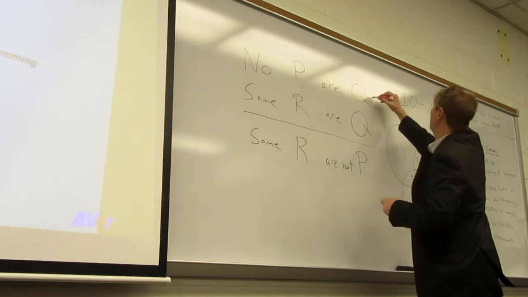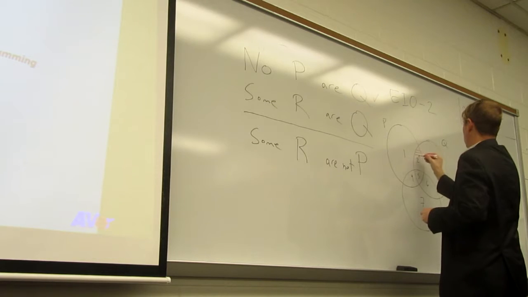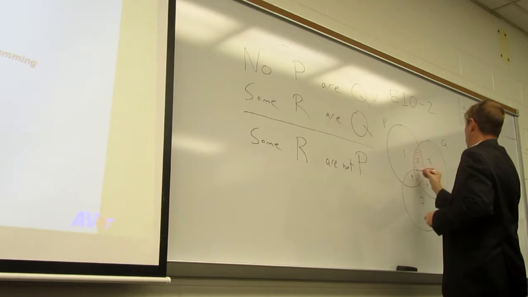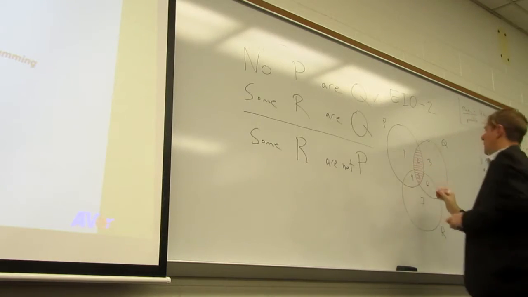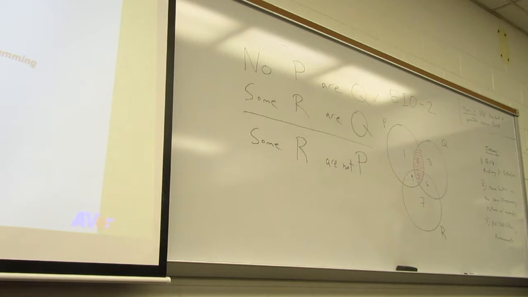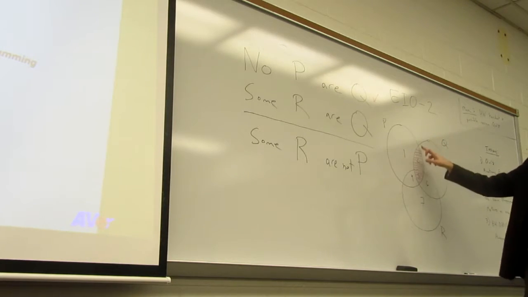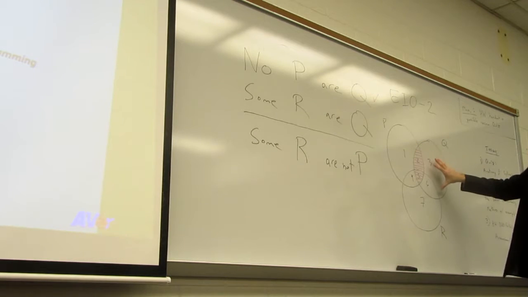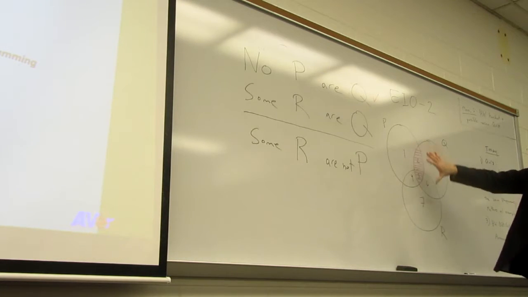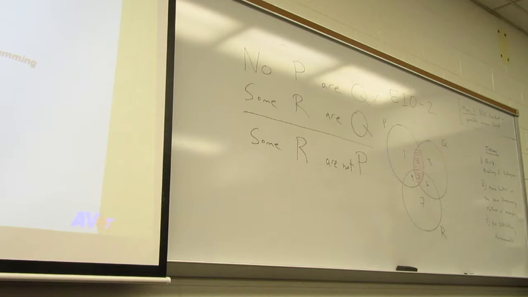I heard it from the front row. That's what no P or Q looks like. Well, why? Because the convention is we shade the area where there's no members, and we said there's no place where P intersects with Q. So I shade all that away.